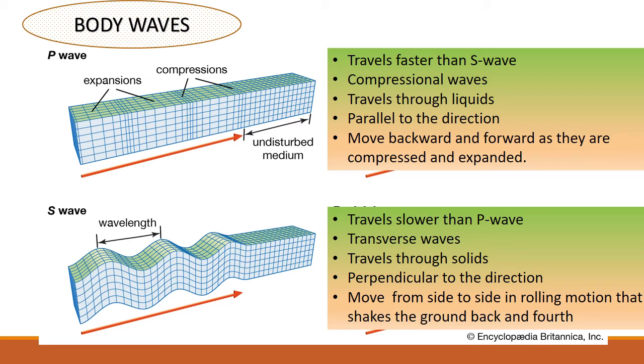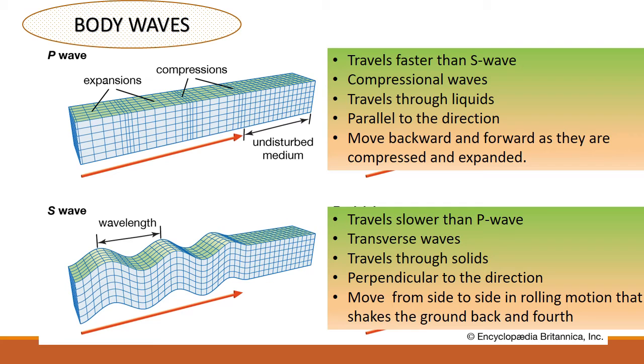While on the other hand, the S wave or secondary wave can travel slower than the P wave. Transverse wave is the other term. It can travel through solids. Perpendicular to the direction ang kanyang movement. And it can move from side to side in a rolling motion that shakes the ground back and forth.